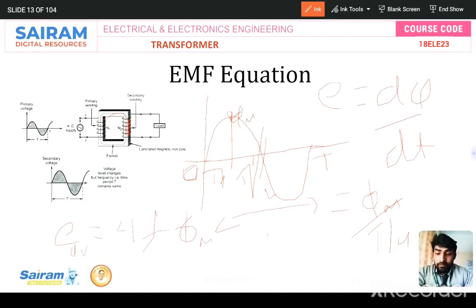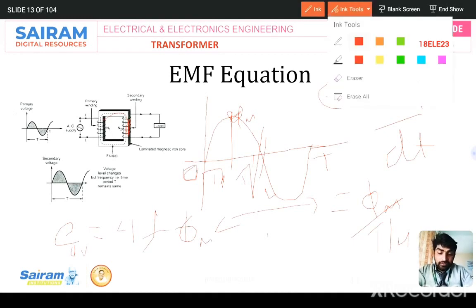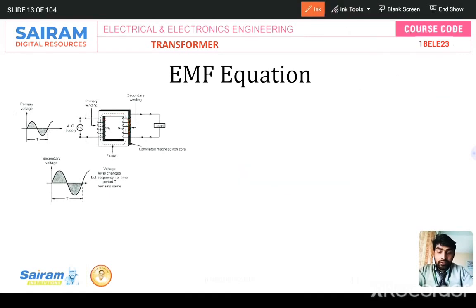This is the average induced EMF. If you want the RMS value of the alternating quantity, just remember E average is equal to 4F phi m, okay?